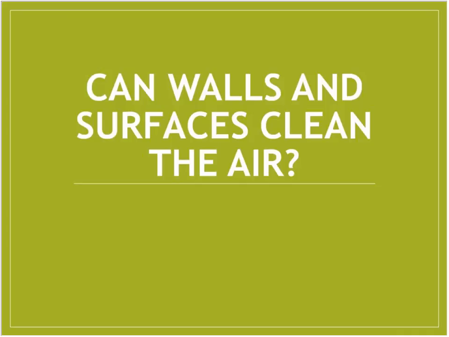Okay, so the question is, can walls and surfaces actually help clean the air? And the answer is yes. We are starting to see more and more products that can actually help take out mold and mildew. There's a drywall substance that can take formaldehyde out of the air. There are negative VOC paints that can take VOCs out of the air and absorb them into the paint.